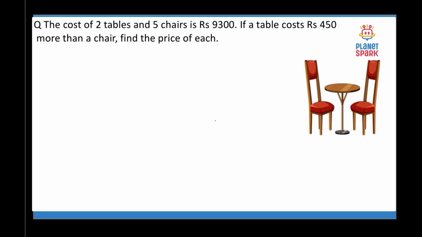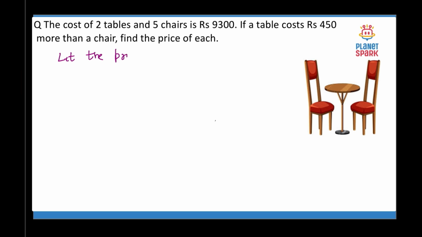The word problem says the cost of 2 tables and 5 chairs is rupees 9,300. If the table costs rupees 450 more than the chair, we have to find the price of each. Let's first try to simplify this. Clearly it says the table costs 450 rupees more than the chair. So the table is going to be more expensive than the chair.